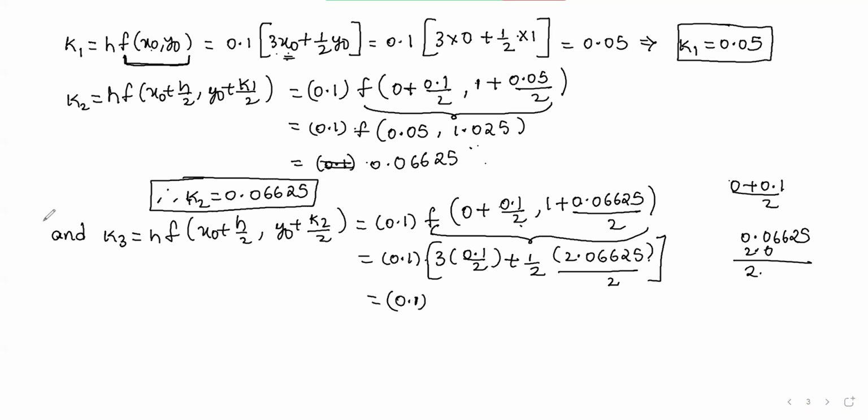If we find out this value, finally we get K3 value. K3 is 0.6665625. So this is the K3 value.